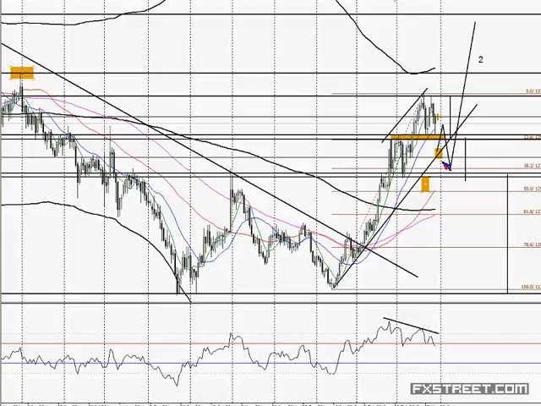I'm not going to do the math here, but you could visualize the reward to risk here. Let me clear these out a little bit. Okay. All right, so that's the pound yen.